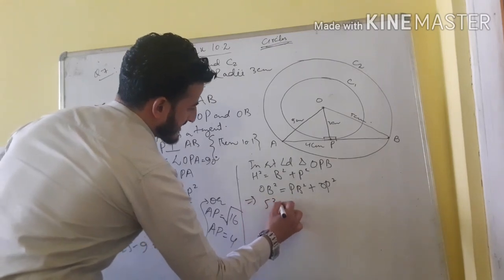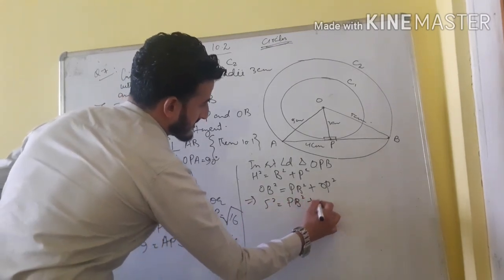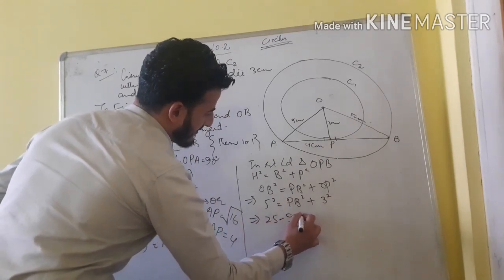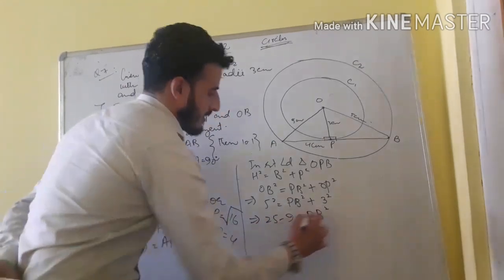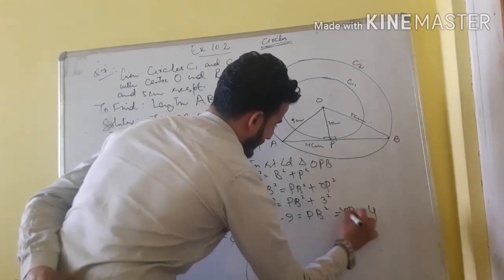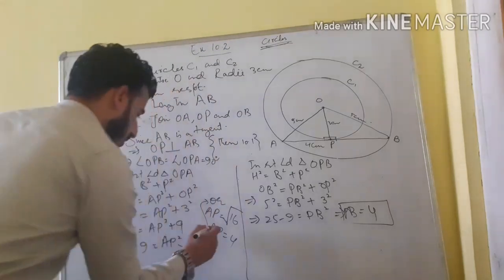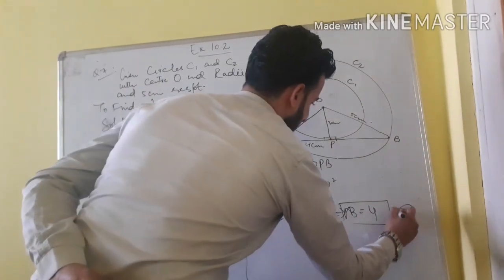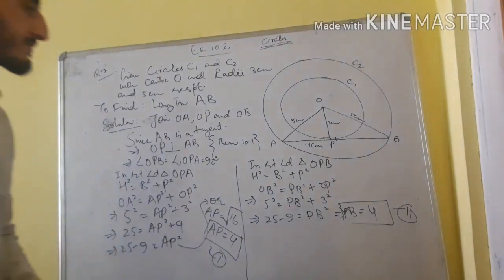Implies 5 square is equal to PB square plus 3 square. Implies 25 minus 9 will be equal to PB square. Implies PB will again be 4. This is 4, this is 4; mark this as first, this one as second.